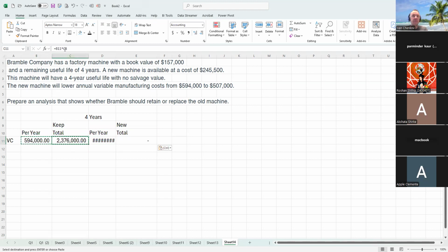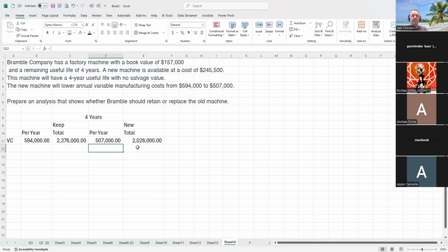Now I have to check this one. C8, I'll just make it like this. Okay, and then copy, paste this one here. So that will be 507,123. So my variable cost is going down, right?